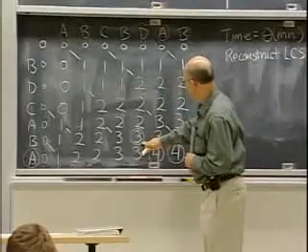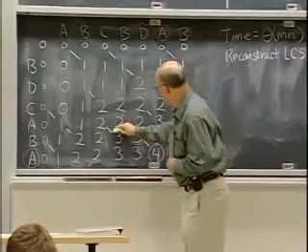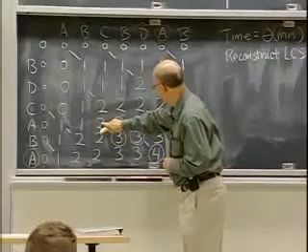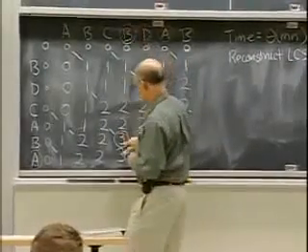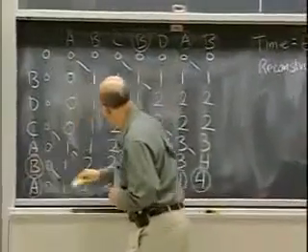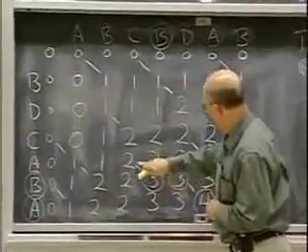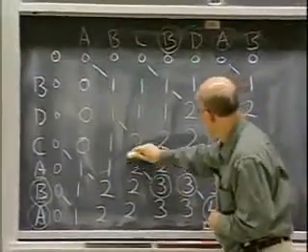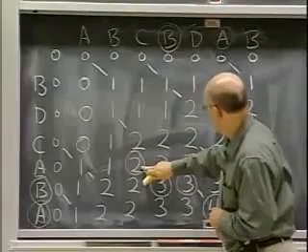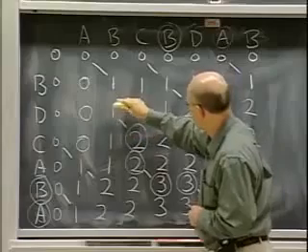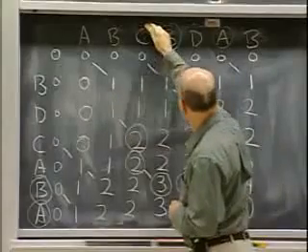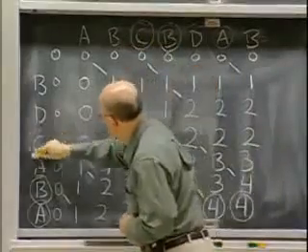I have 3 here. And now let me keep going. 3 here. And now I have another one. So that means this character gets selected. And then I go up to here. Okay. And then up to here. And now I go diagonally again, which means that this character is selected.